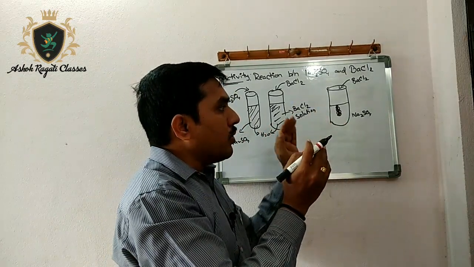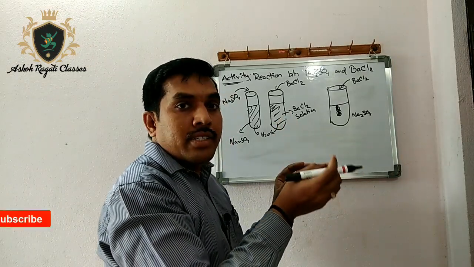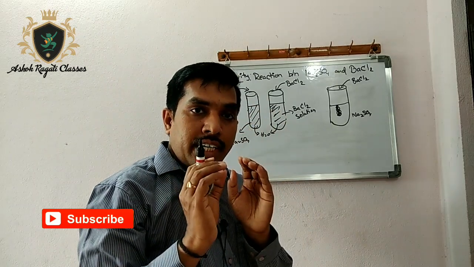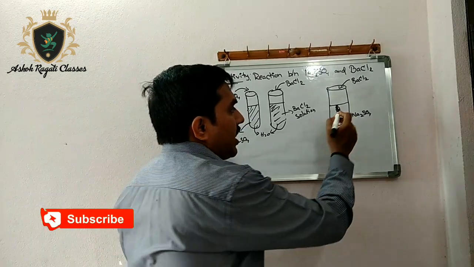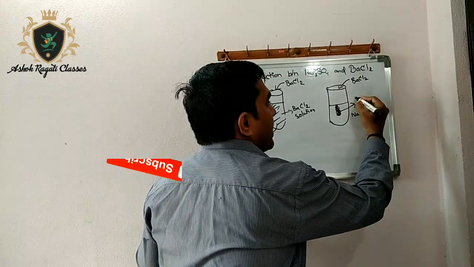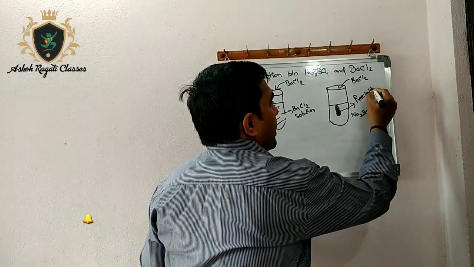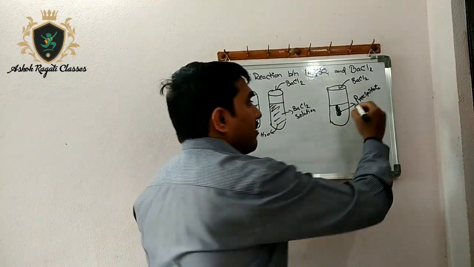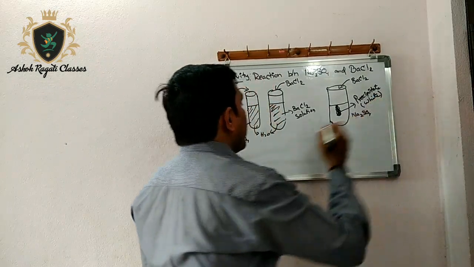Whenever BaCl2 and Na2SO4 are mixed, you get a substance which is in solid state and not dissolving in the available solution. So what is it called? It is called a precipitate, and the color of the precipitate is white.